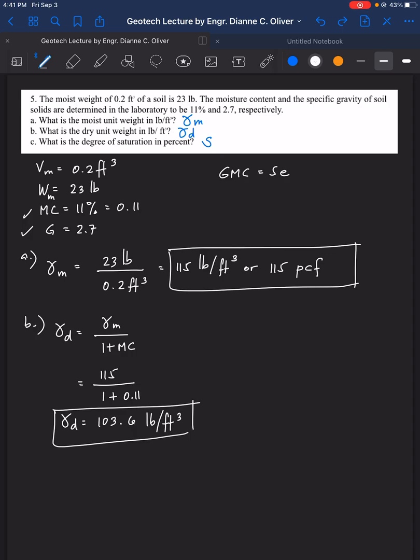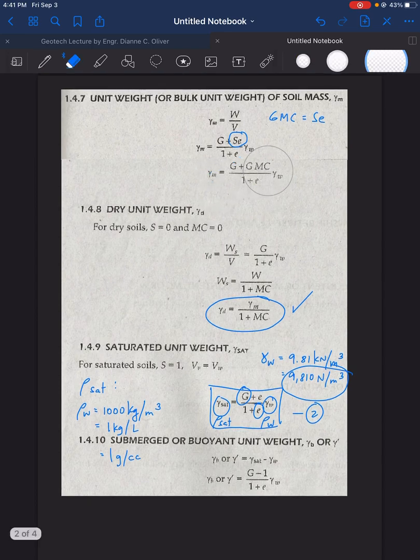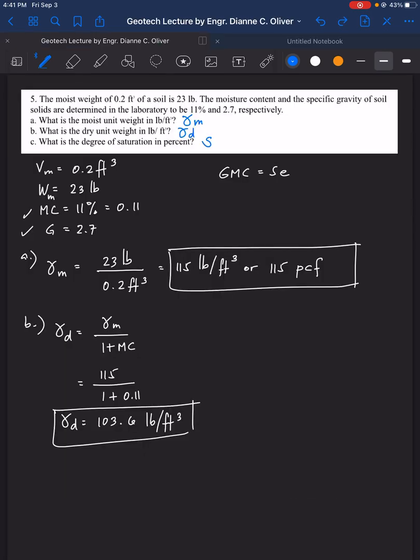That is from the formula of gamma M. Given gamma M, we can still solve for E.